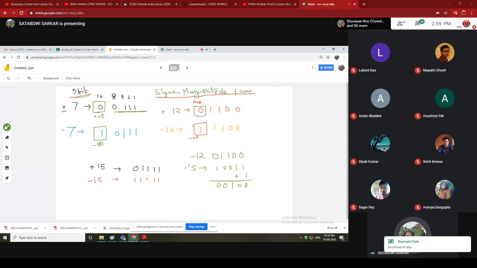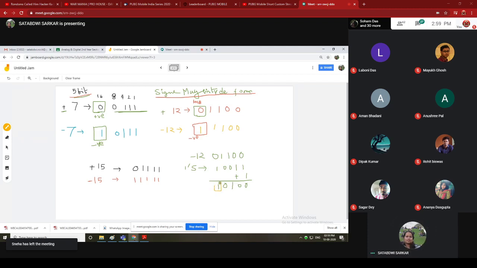Here the value of this position is 16. This is 8, this is 4, this is 2, and this is 1.